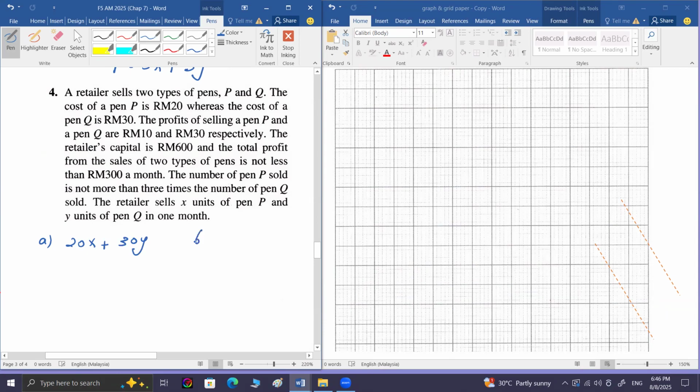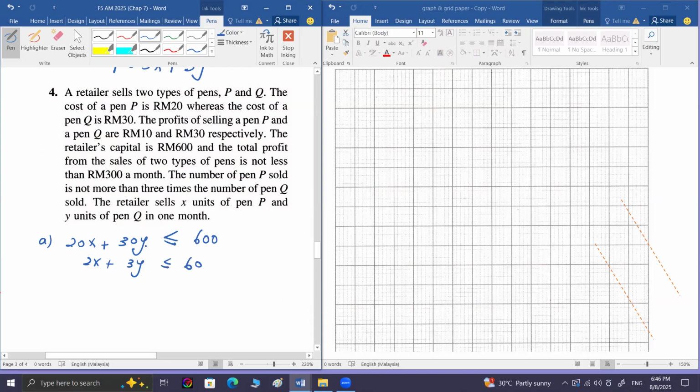Where they got the capital of 600 means you can use exactly 600 or less than that. We can't use more than that, okay? And then simplify, divide 10, divide 10, divide 10, yeah?